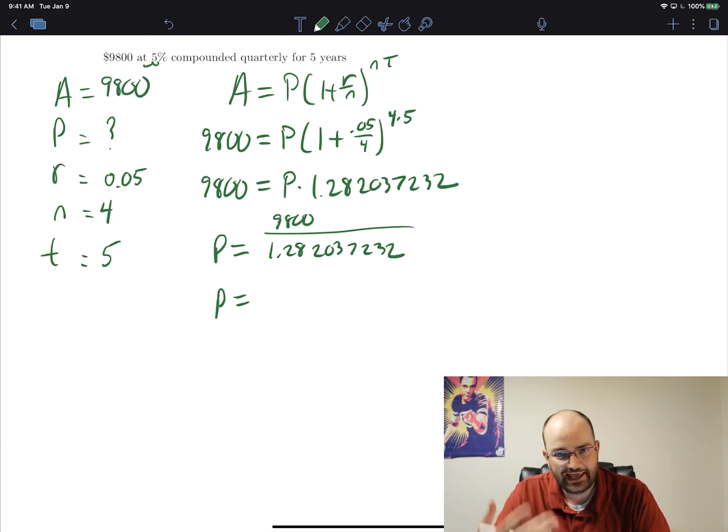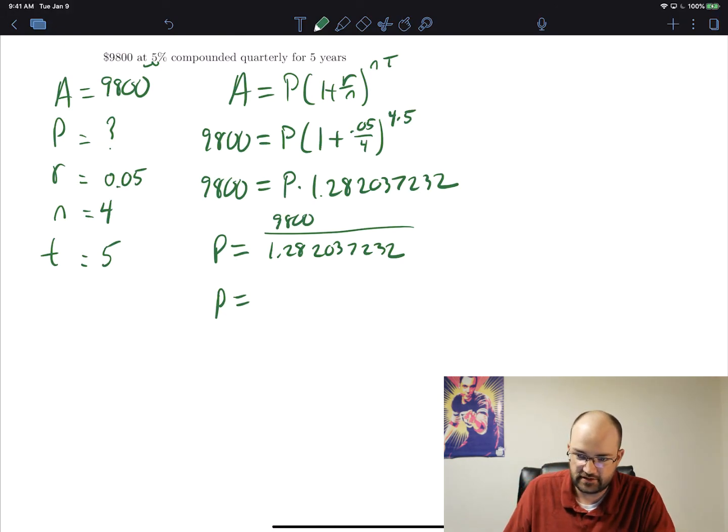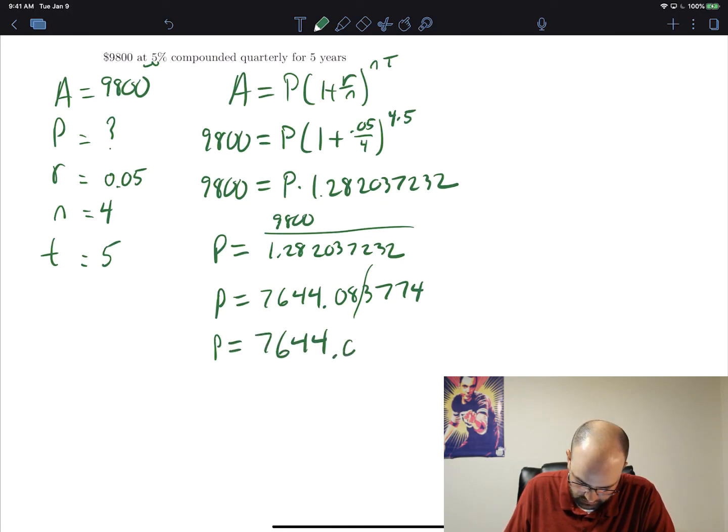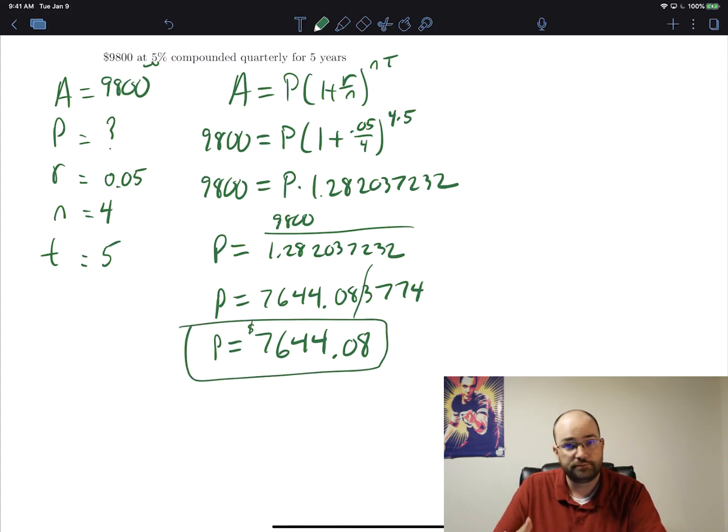And that negative will say ANS on the calculator now. And that'll give you $7,644.083774. Of course, we're working with money, so we cut it off after the 3, making the P to be 7644.08. So there you go. That would be the present value.